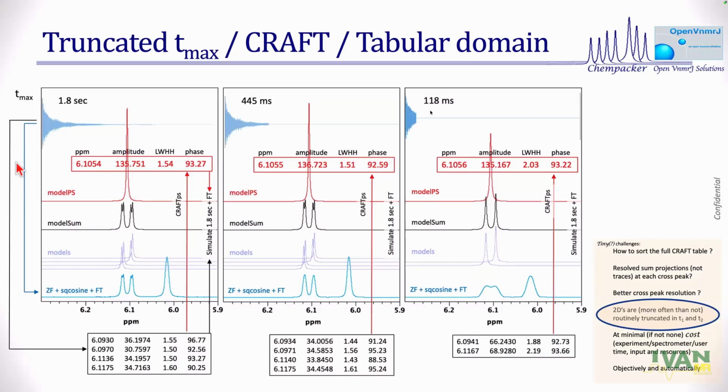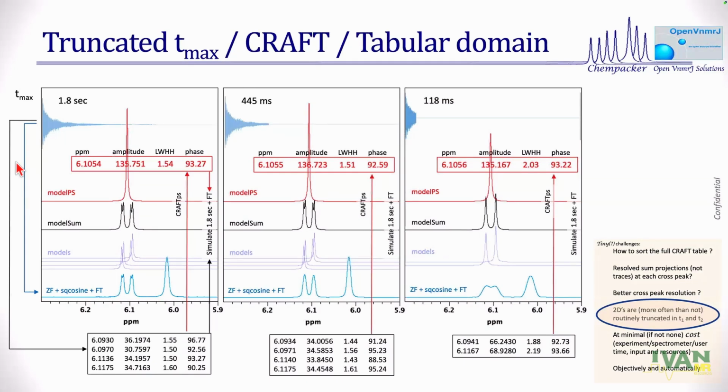This is a typical T2 max. Typically 100 to 150 milliseconds is a typical T2 max in a 2D. If I take the same thing and just do a Fourier transform method, I have to use a cosine. I will show you a picture of how the spectrum will look if you don't use some kind of window function. But that's beside the point.